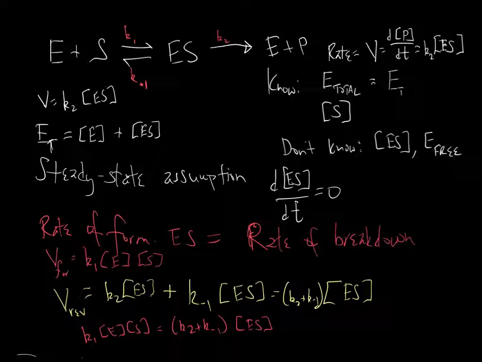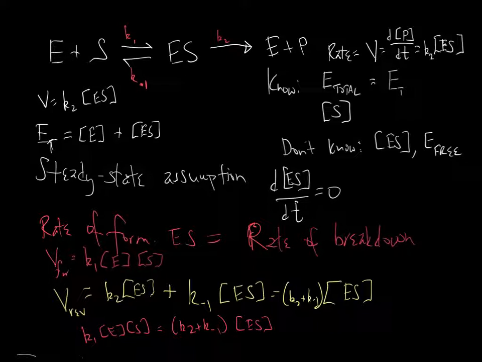And if you think back all the way to algebra, you want to try to get it down to just one unknown, right? One variable. Try to solve y in terms of x and so forth. And so we can actually do that by dividing both sides. Whatever you do to one side, you do to the other side. So to get the E by itself here, we have to divide by K1S.